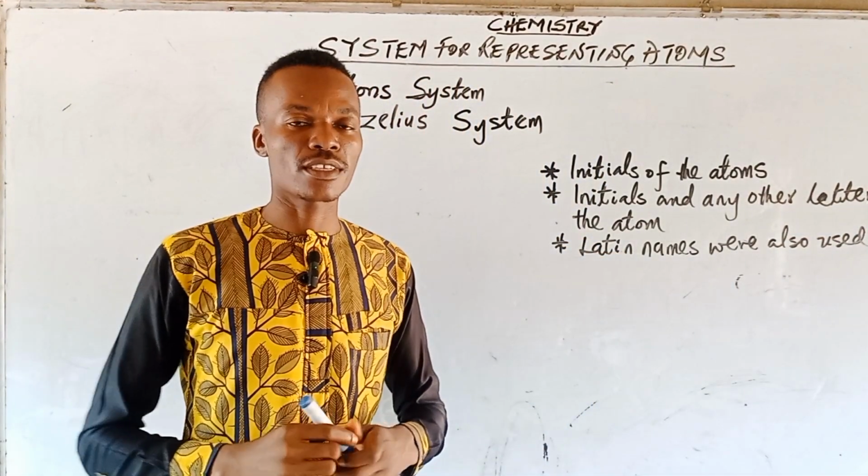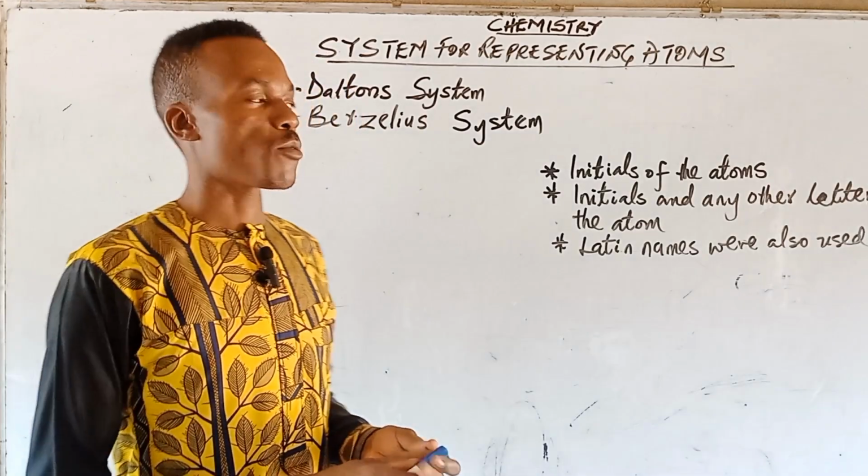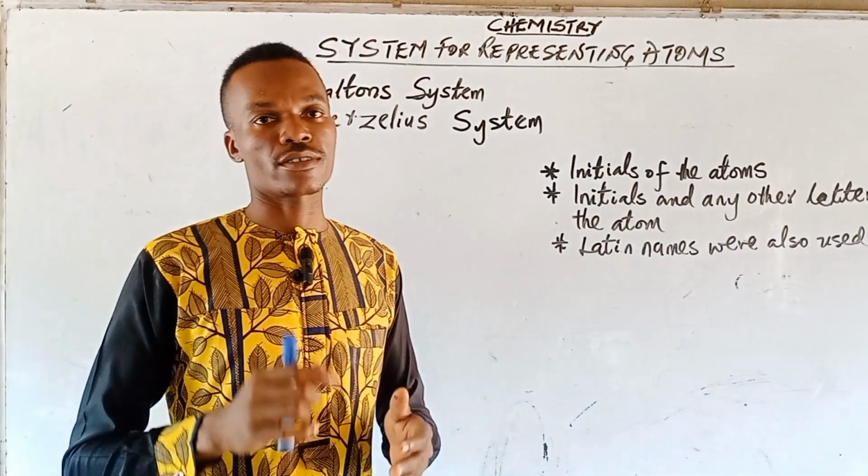All right, these are the three things that make up the Berzelius system. We want to illustrate each of these points step by step.